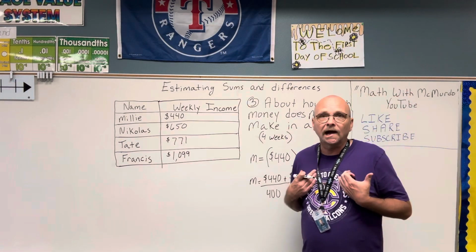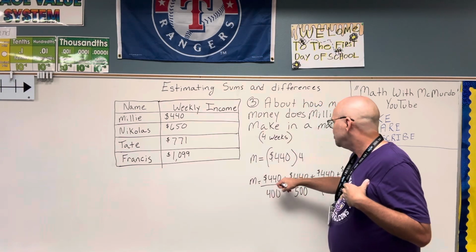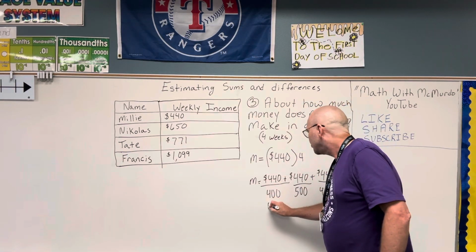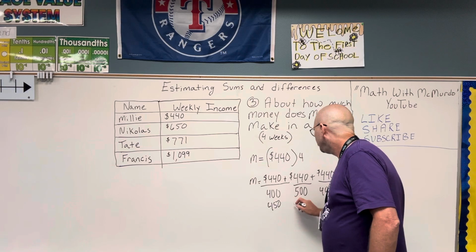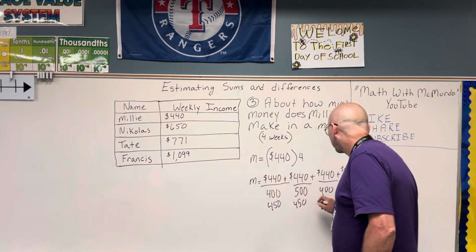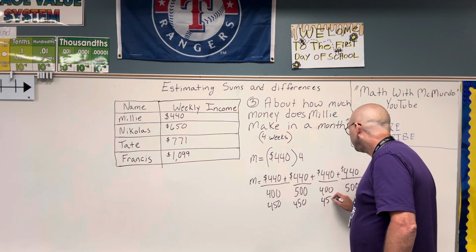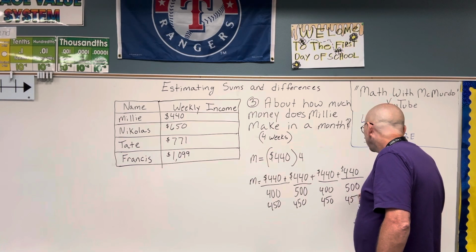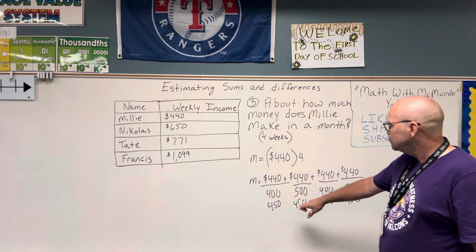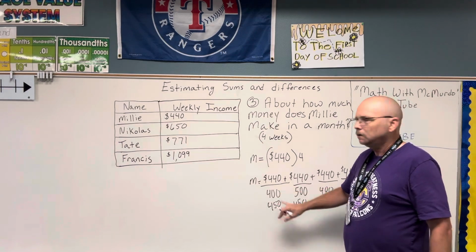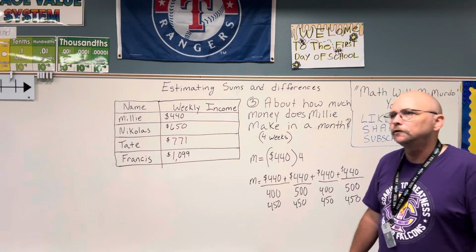And that's just the way I chose to do the estimate. I could have made each of these 450, which is going to give me an answer closer, probably, if I do each one to 450.